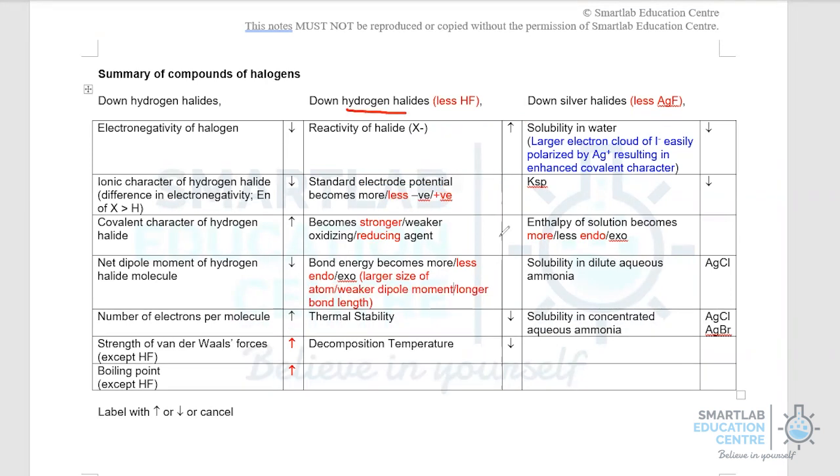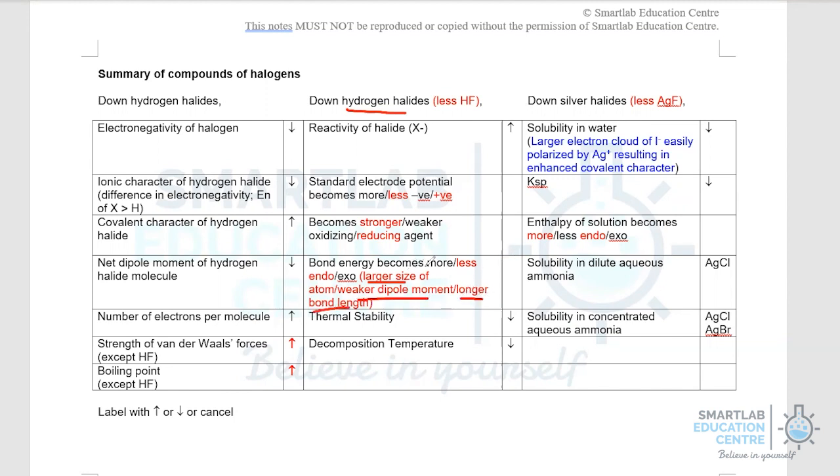If you need to consider the thermal stability of hydrogen halides, we now need to look at the bond energy. As we said earlier, going down the group, HI has got the weakest bond energy. The reason is that iodine has the largest atomic size and it has also got the weakest dipole moment. Therefore, the bond length will be longer.